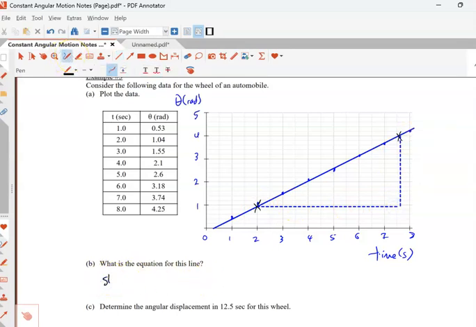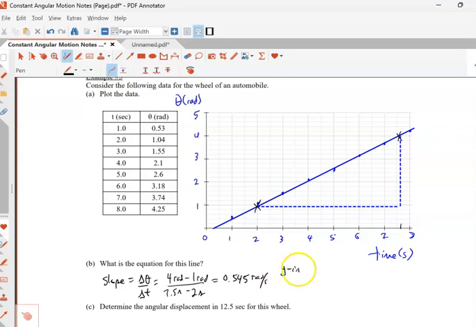So your slope would be your change in theta over change in time, which appears to be, it's very rough, but I'm going to say it looks like 4 rads minus 1 rad, all over a time of roughly 7.5 seconds minus roughly 2 seconds. So that's about 0.545 rads per second.